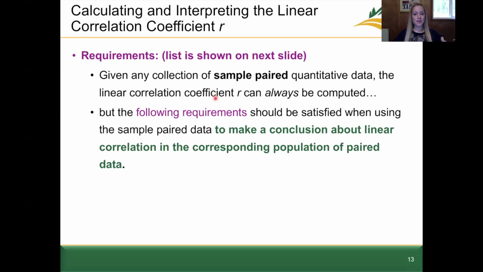So what we need to do is calculate a value for R, then check all the requirements that are listed on the next slide. Only if those requirements are satisfied can we then make a conclusion about linear correlation specifically. So we're not just going to calculate and look blindly at our R value, we're also going to very carefully look at these next requirements.